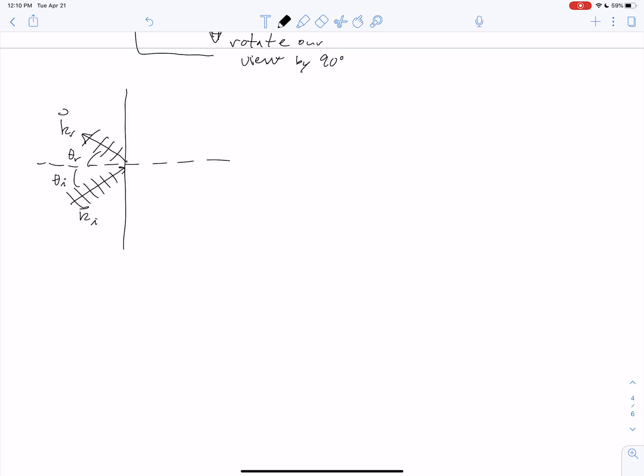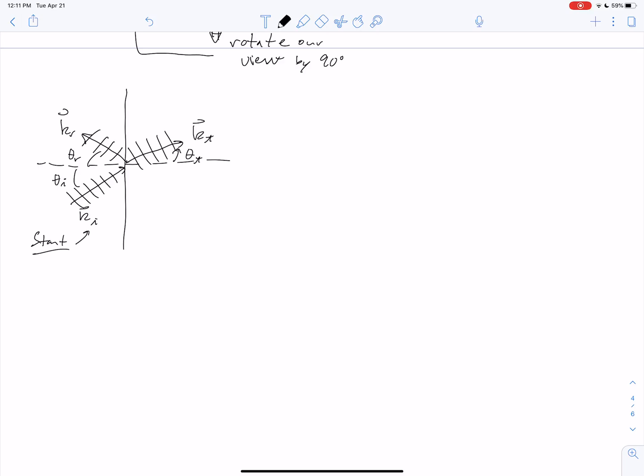And then this is my transmitted plane wave, and this is my transmitted angle.